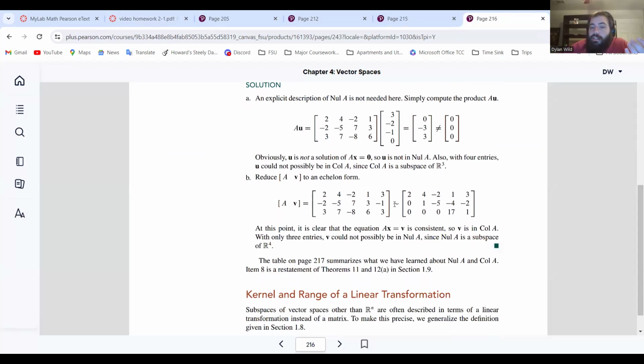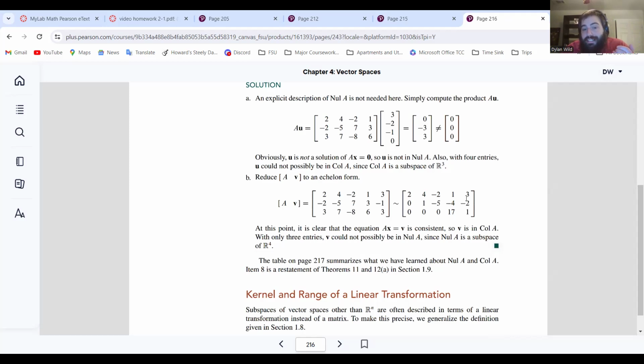Since we have a consistent solution from multiplying A times v, meaning I have b's that are satisfied, and also taking in the geometry of v, because it's a 3-dimensional vector, which happens to match the number of rows of that A matrix, the geometry checks out.